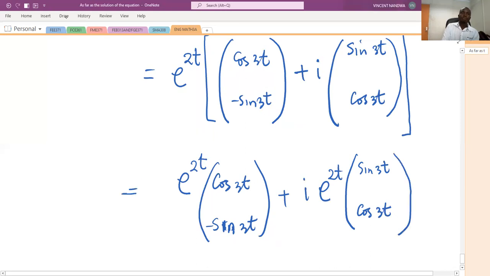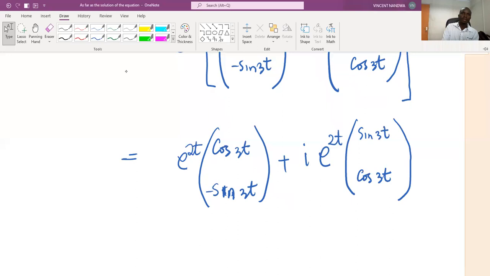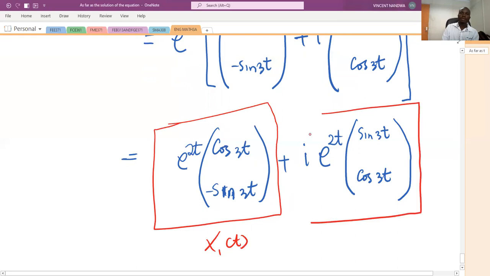So the real part is what is called x1, and the imaginary part is what is called x2. So this part is what we call x1 of t. This other part is what we call x2 of t.